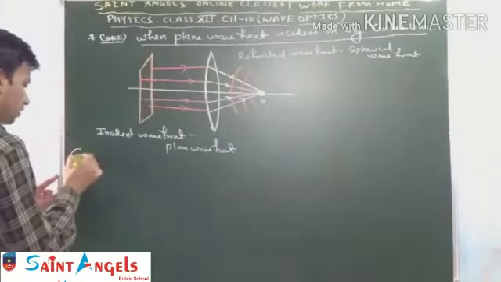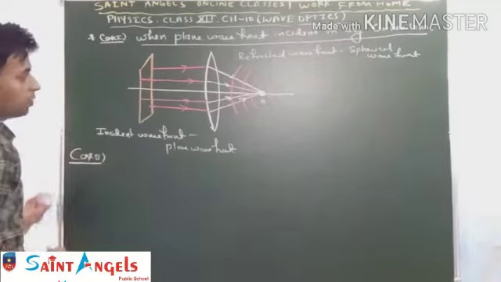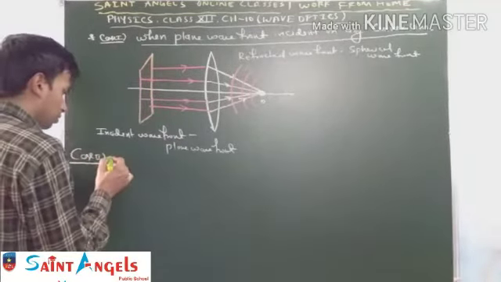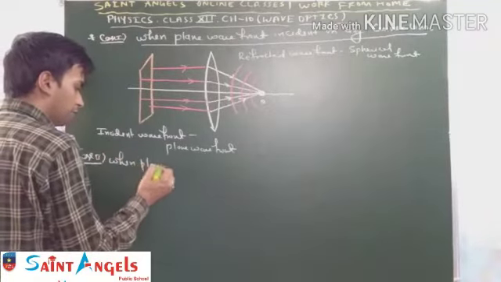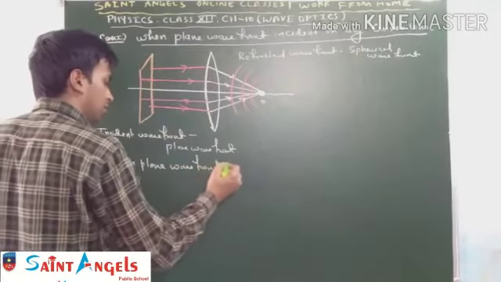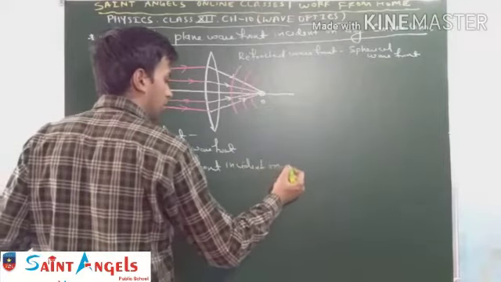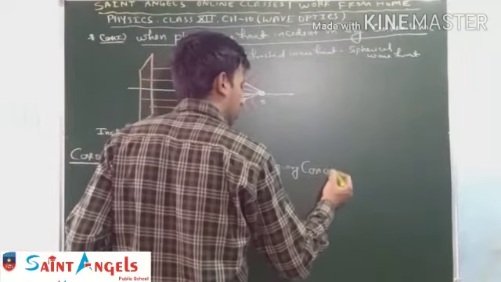Now in the second case, we discuss what happens when a plane wavefront is incident on a concave mirror.